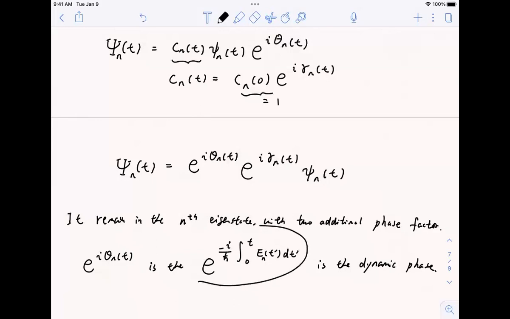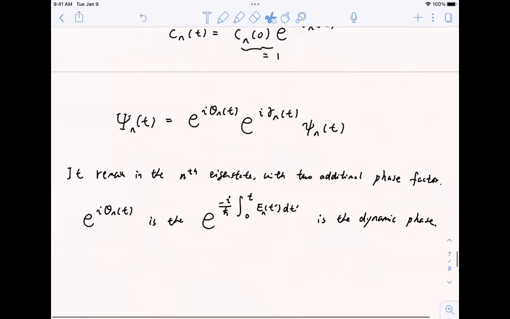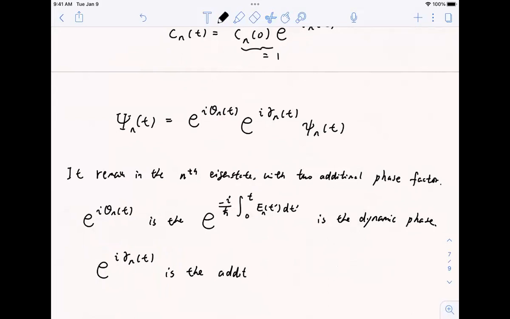It's just the energy part. When you have the energy, you always have a phase following it. And this is the additional phase. With two phase factors.